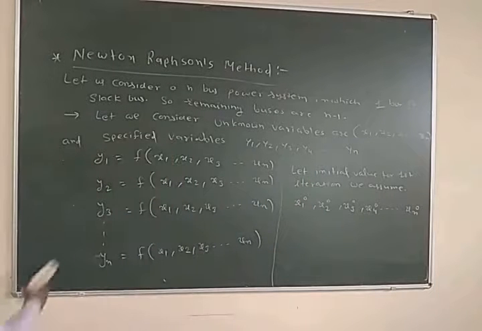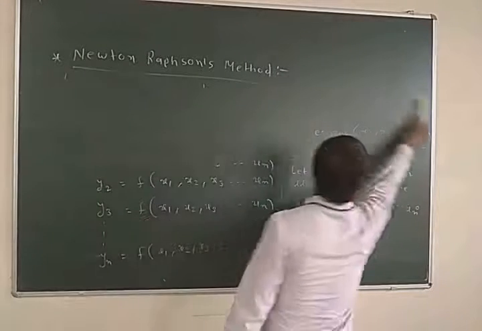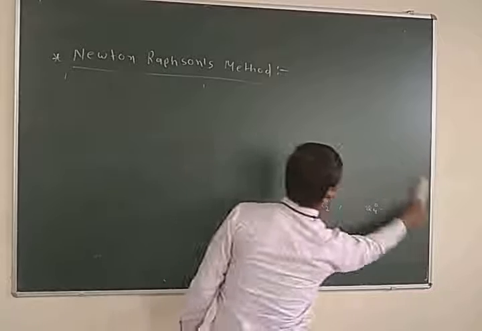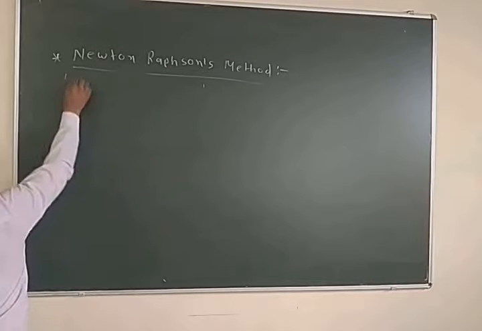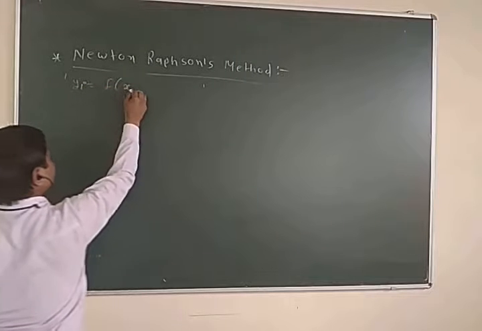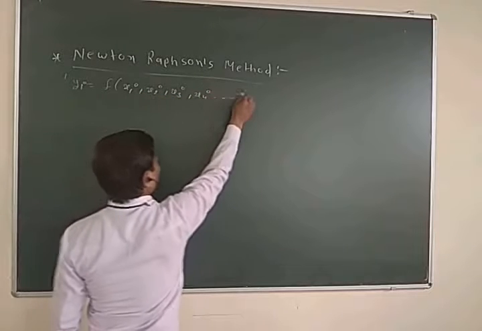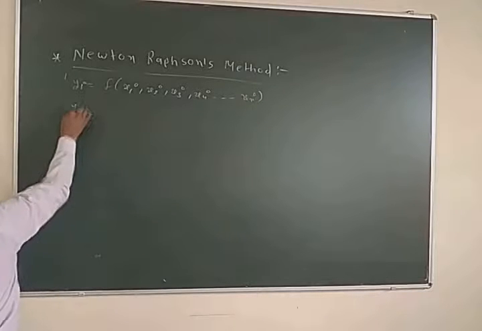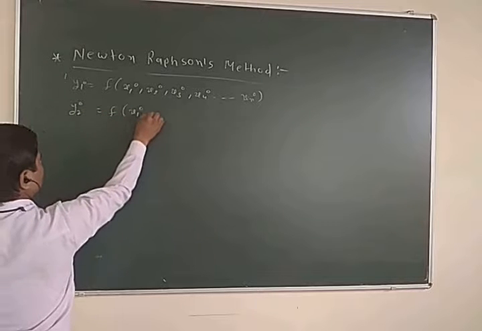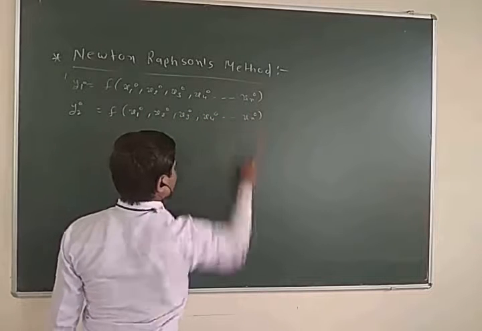Now we put the values in the equations. Now the equation becomes y1 0 is equal to f of x1 0, x2 0, x3 0, x4 0 dot xn 0. y2 0 is equal to f of x1 0, x2 0, x3 0, x4 0 dot xn 0.